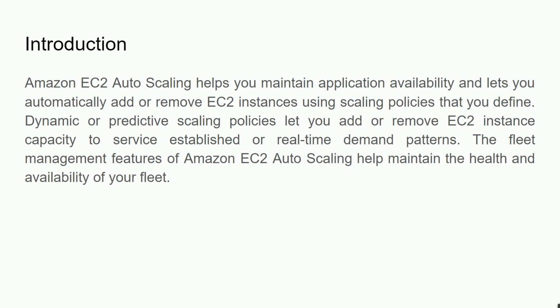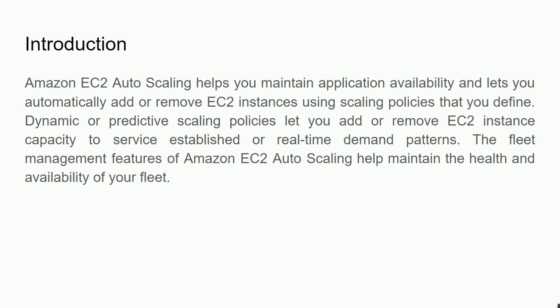Dynamic or predictive scaling policies let you add or remove EC2 instance capacity to service established or real-time demand patterns. The fleet management feature of EC2 Auto Scaling helps maintain the health and availability of your fleet. As we expect, during festival seasons like Diwali, New Year or Christmas time, our sales increase in that particular time period.